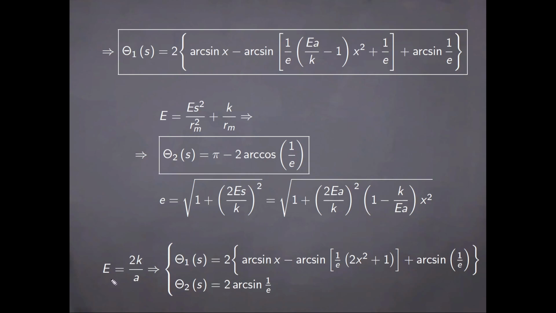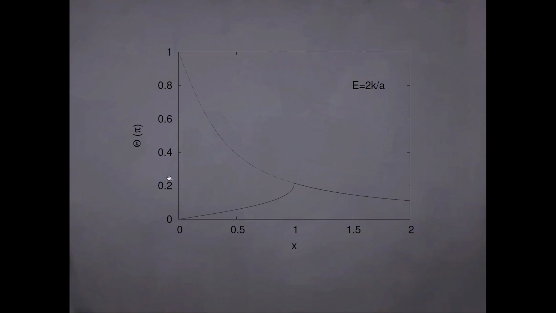Now, in the particular case where the energy would have the value here, the corresponding scattering angles would be given by these formulas as functions of the impact parameter, and they are illustrated in the following figure. So this is the scattering angle measured in units of pi as a function of the ratio x.